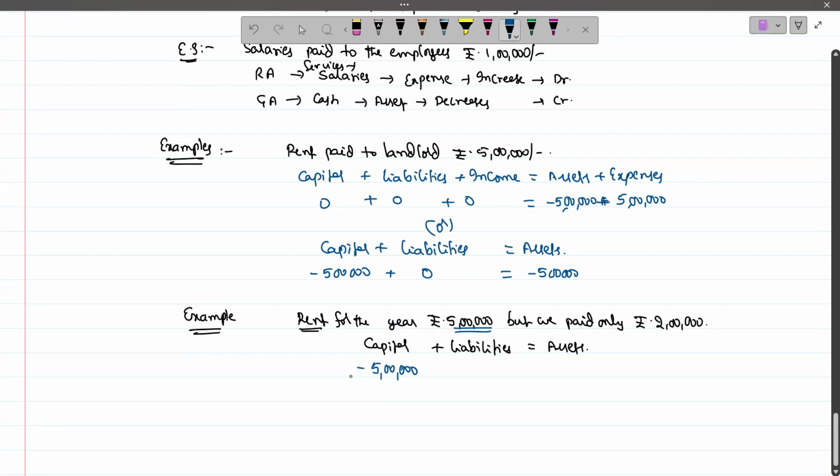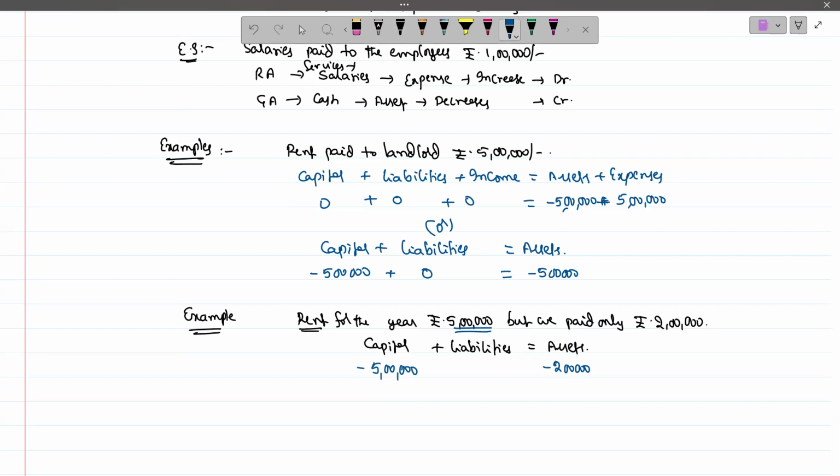But out of that, how much amount did we pay? Only 2 lakhs. It means cash goes out only 2 lakhs. Cash balance decreased by 2 lakhs, so assets are decreased by 2 lakhs. And the remaining amount we have not yet paid, which means we are liable to pay in the future. Out of the 5 lakhs, we paid only 2 lakhs.